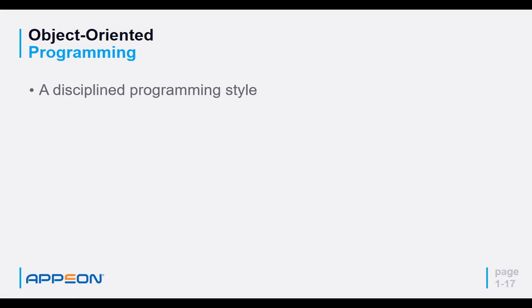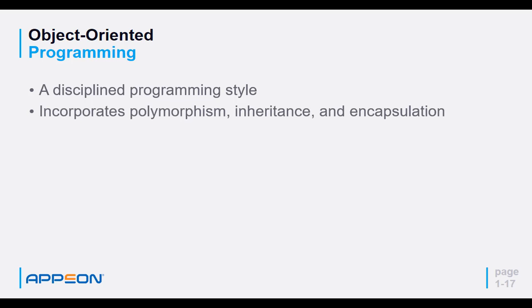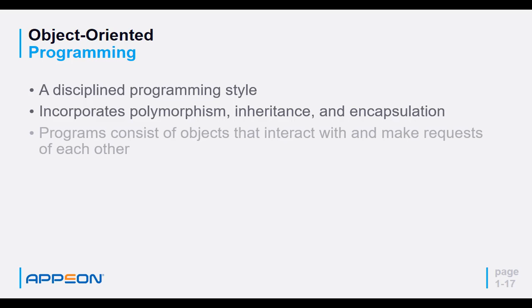But in object-oriented programming, which is what PowerBuilder is, it is a discipline in programming style, but it's available in many other types of application languages as well, and fairly common in today's developers' environments. It incorporates object-oriented features such as polymorphism, inheritance, and encapsulation, which we'll describe shortly. Programs consist of objects that interact with and make requests of each other.